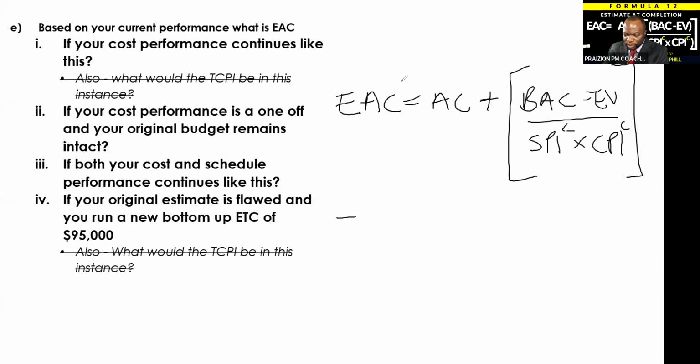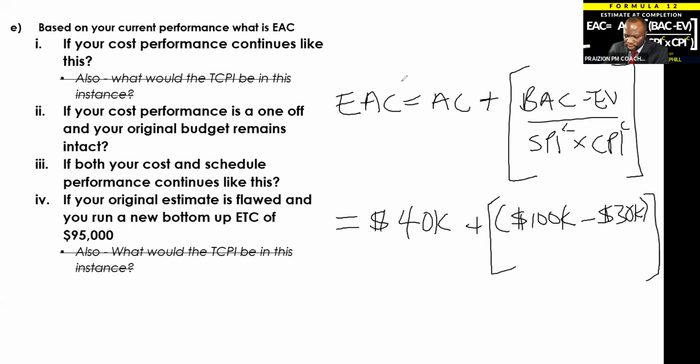So again, actual cost has been, I believe it was 50K. Was it 50K? No, it was 40K. I beg your pardon. 40K, right? Plus 100K minus 30K, divided by 0.75 times, what was it? What was the SPI times CPI?